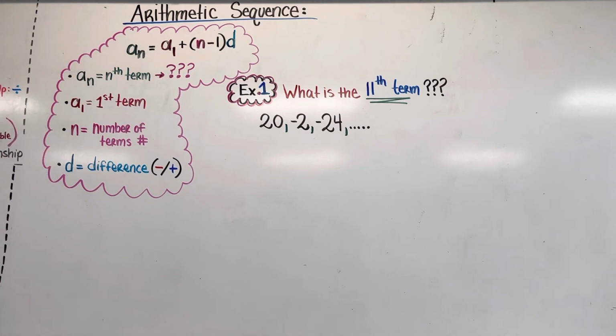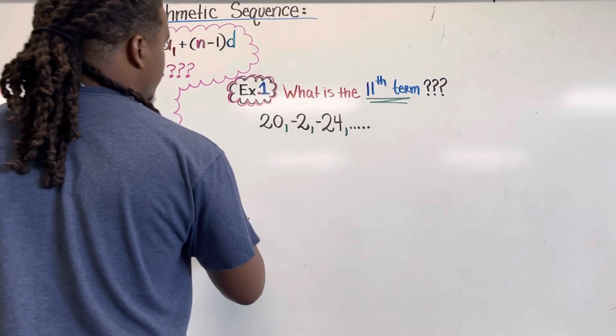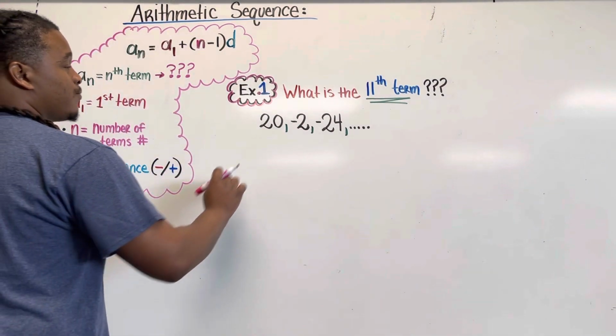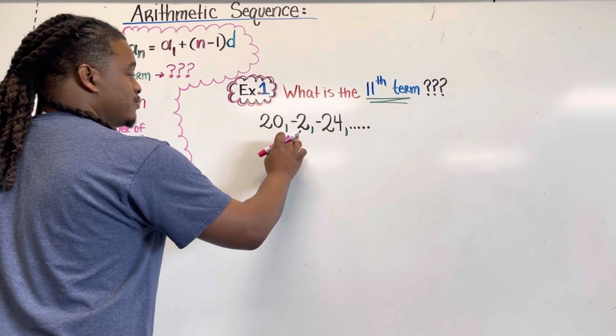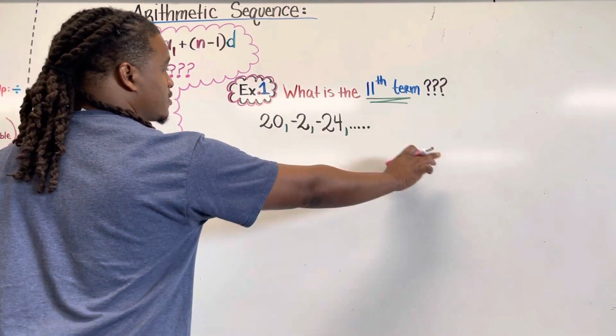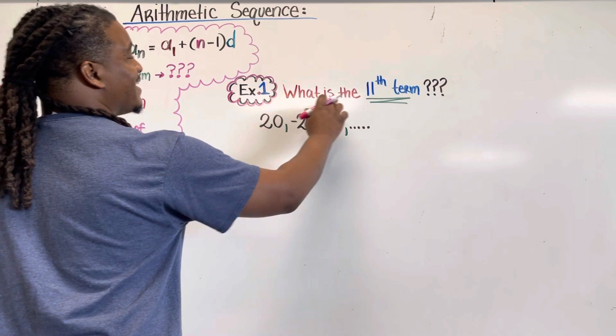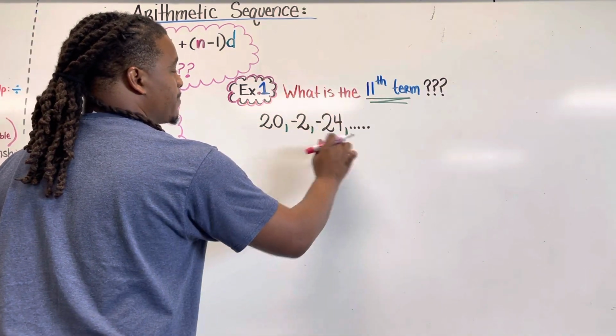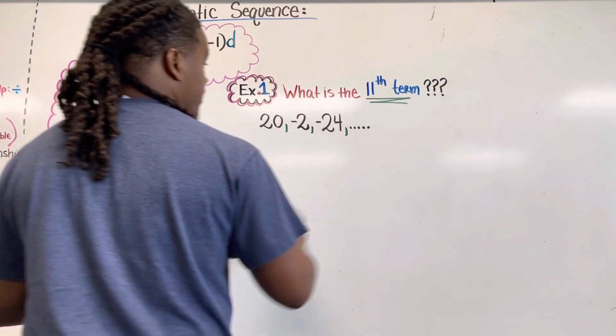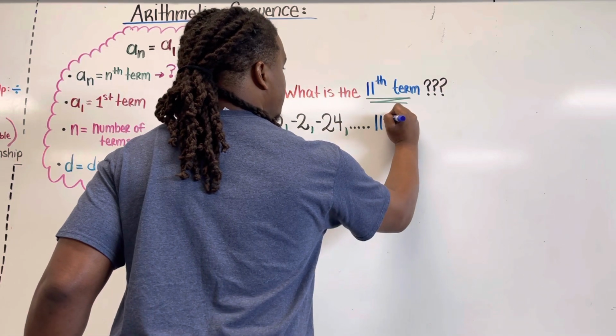So in this particular case, guys, we have example 1. We have this pattern that starts off with 20, -2, -24, and so on. And they want us to find the 11th term within this pattern.